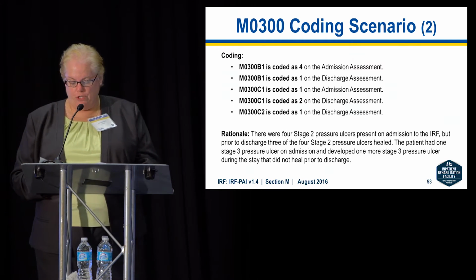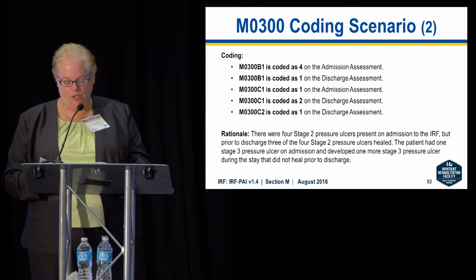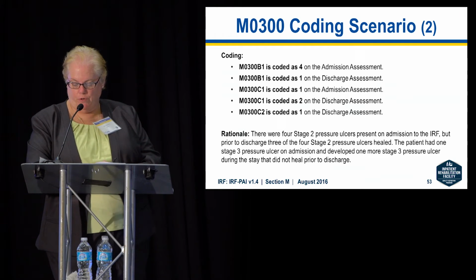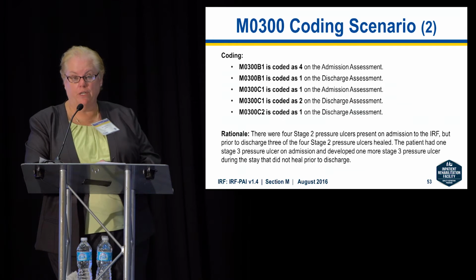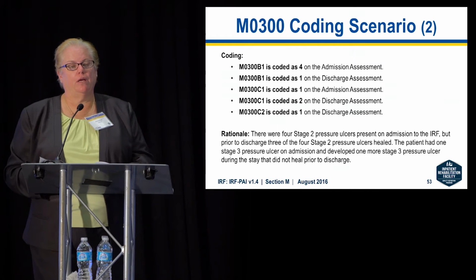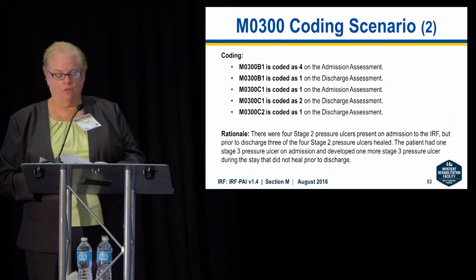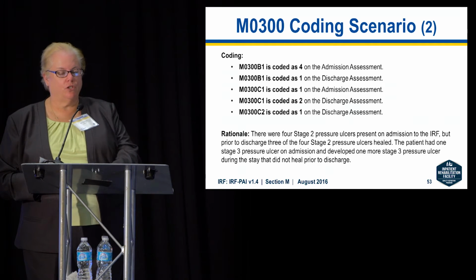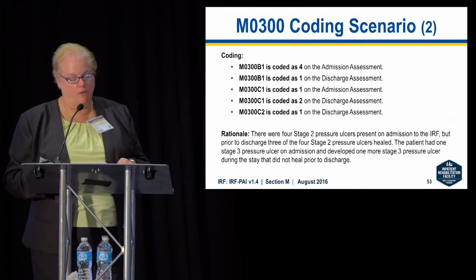There were 4 stage 2 pressure ulcers present upon admission, but prior to discharge, 3 of the 4 stage 2 pressure ulcers healed. The patient had 1 stage 3 pressure ulcer on admission and then developed 1 more during their stay and did not heal. So we ended up with 2 at discharge, 1 of them present upon admission.